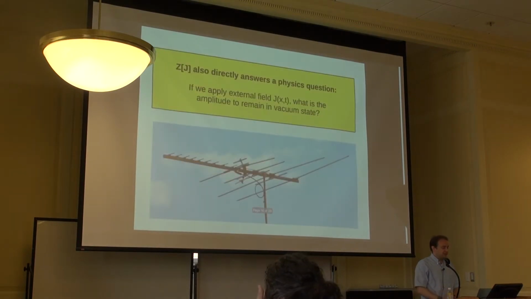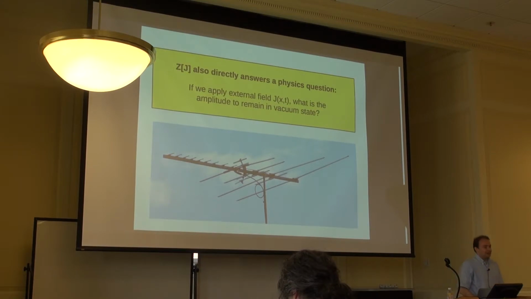A second reason that you might want to compute the partition function is that it directly answers a physically meaningful question: we start with vacuum, we apply some external field, and what happens? What's the amplitude that we remain in the vacuum state at the end? It's like asking a question about an antenna.